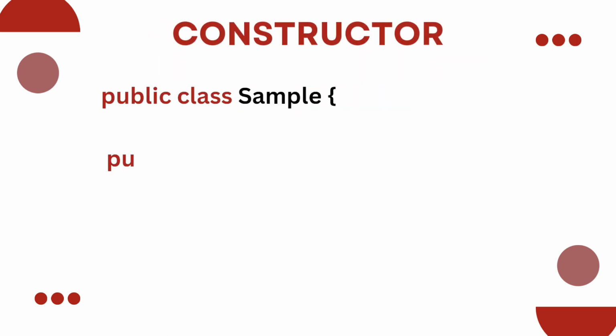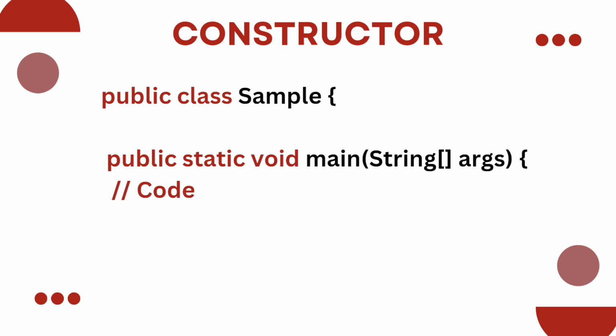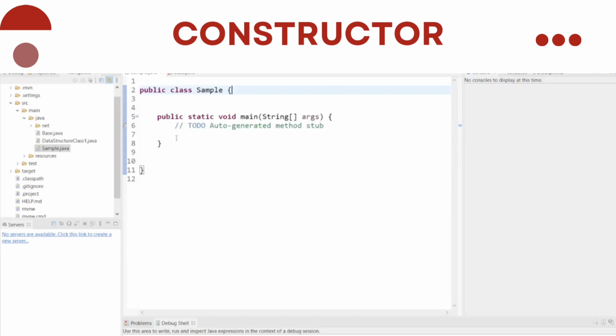The next thing is constructor. We have written this simple class, and we are going to create one more method with the same name as the class itself. Sample is the class name, so public Sample, open and close curly braces. If you want any parameter, you can add it inside.